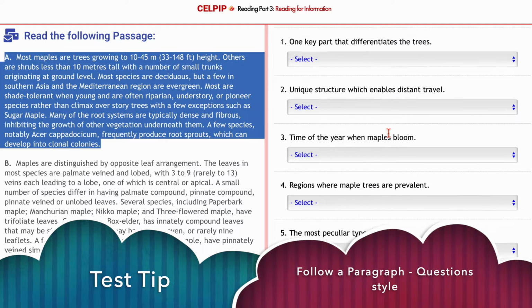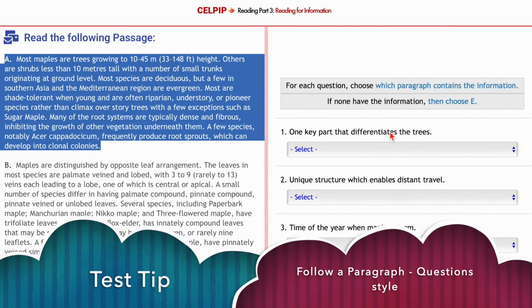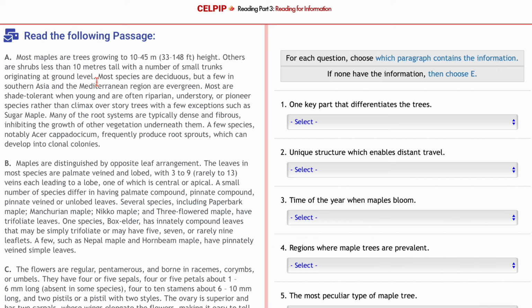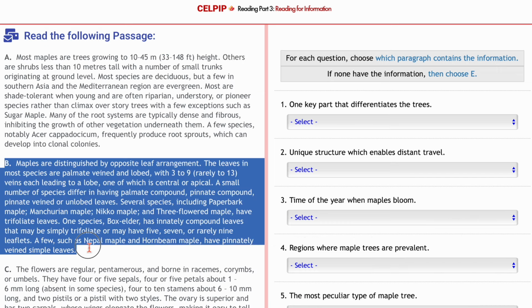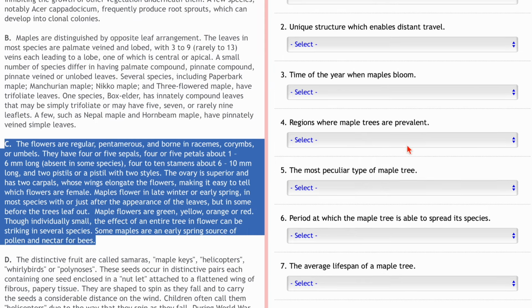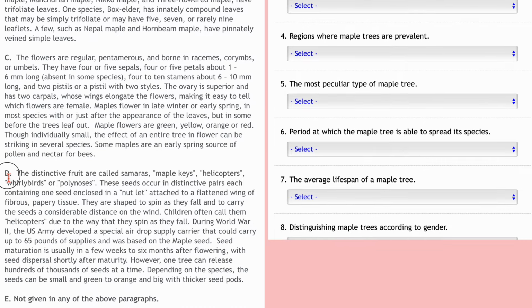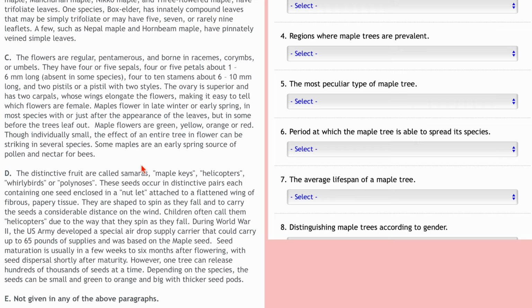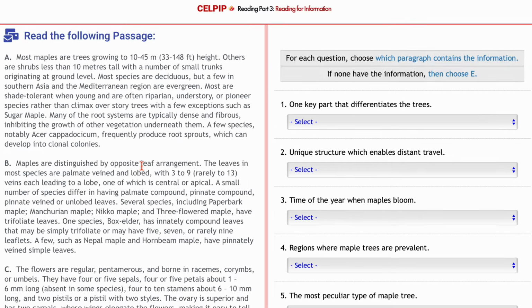Then I'm going to check all the questions to see if they are in paragraph A. Then I'm going to read B and check the questions. Then I'm going to look at C, check the questions, and then D and check the questions. That is the best way to do Part 3.